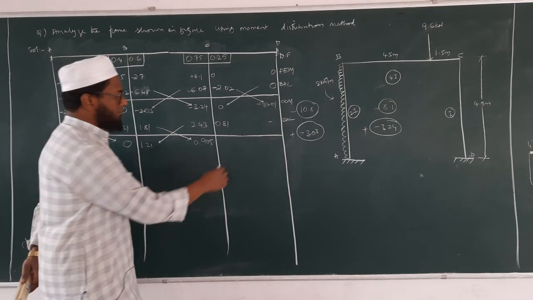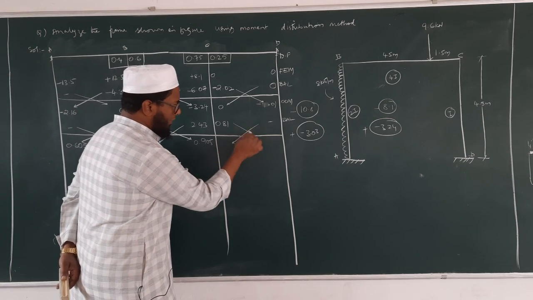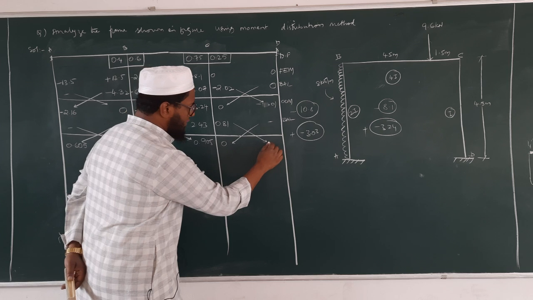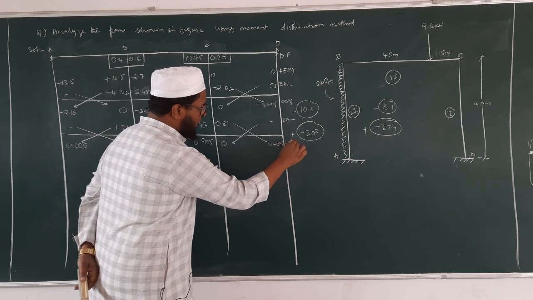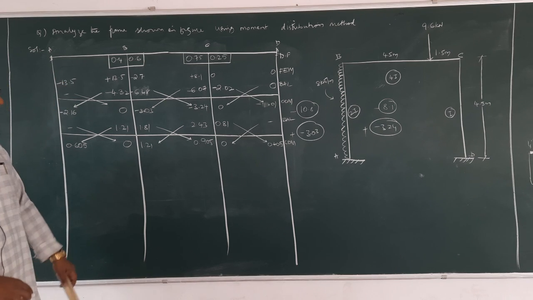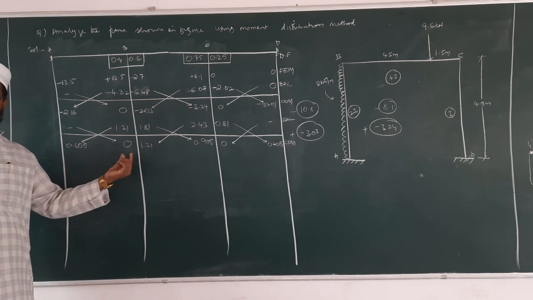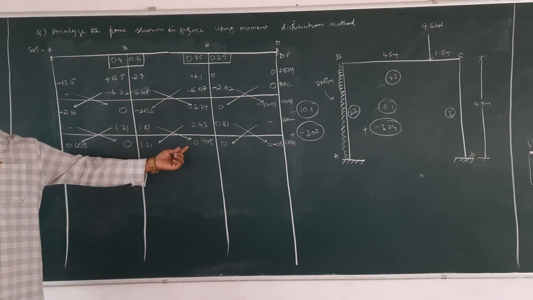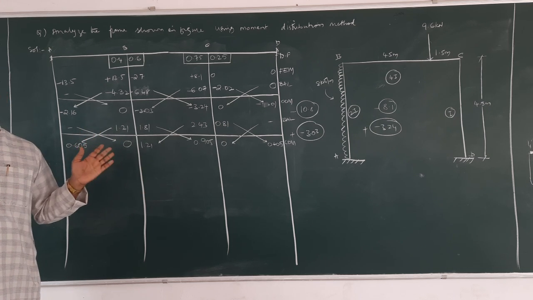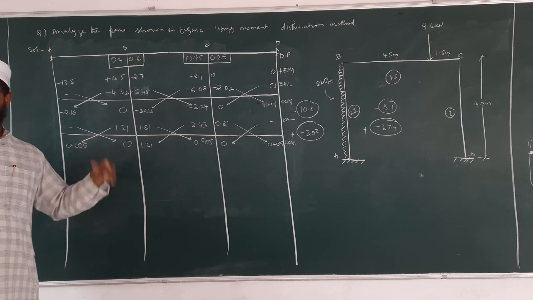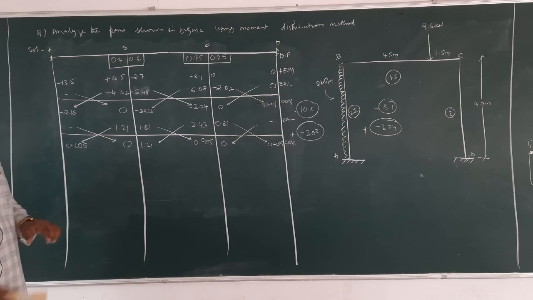Next here 0.405. This is the carryover moment. Now if you see these values carefully, it is again 1. Here also it is 0.9. So we'll do it once again so that we can get at least 0.0 something. So again we'll do the balancing.